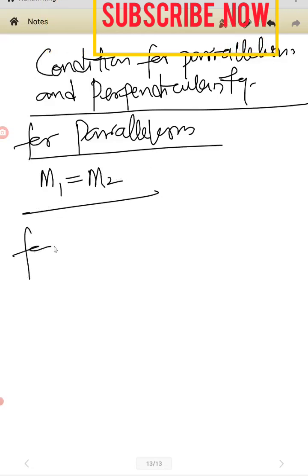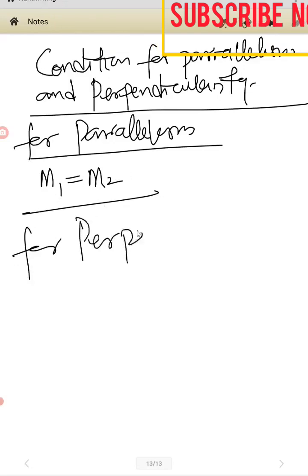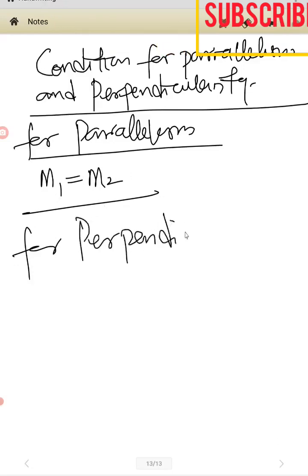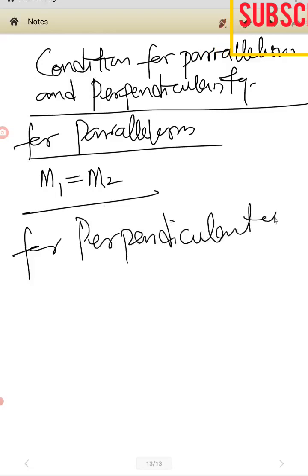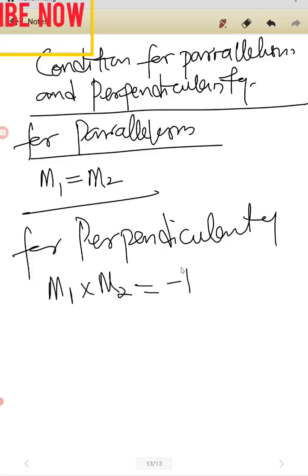So for perpendicularity, it means that by the time you multiply gradient 1 with gradient 2, it will give you -1. So we are considering the line.